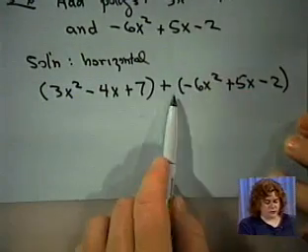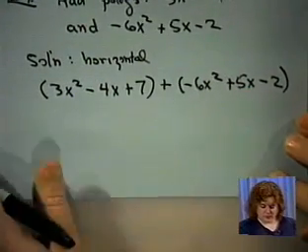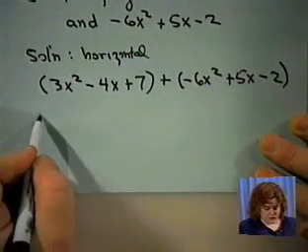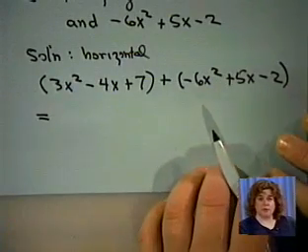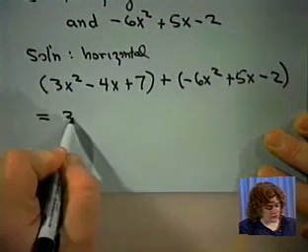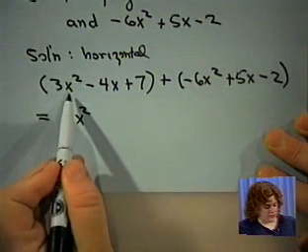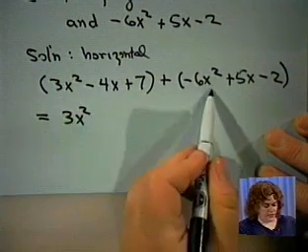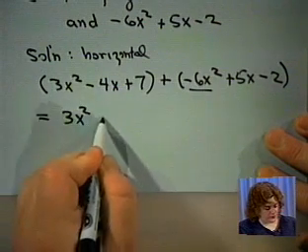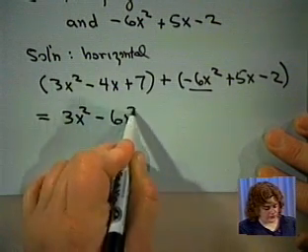We don't have to be concerned with changing any signs because we just have an addition happening. So what I'm going to do is just group like terms together. We'll start with things that have x squared and put them next to each other. We've got a positive 3x squared and a negative 6x squared, so 3x squared minus 6x squared.